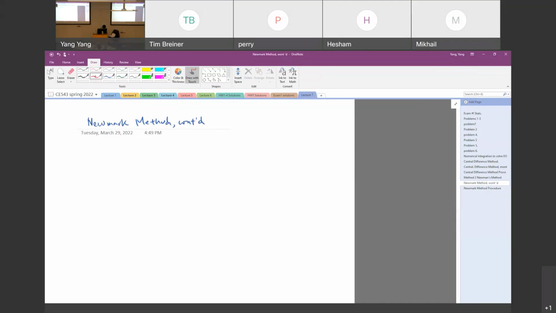So, for example, if we take the average acceleration numerical method, we have beta equal to 1/4 and delta equal to 1/2.